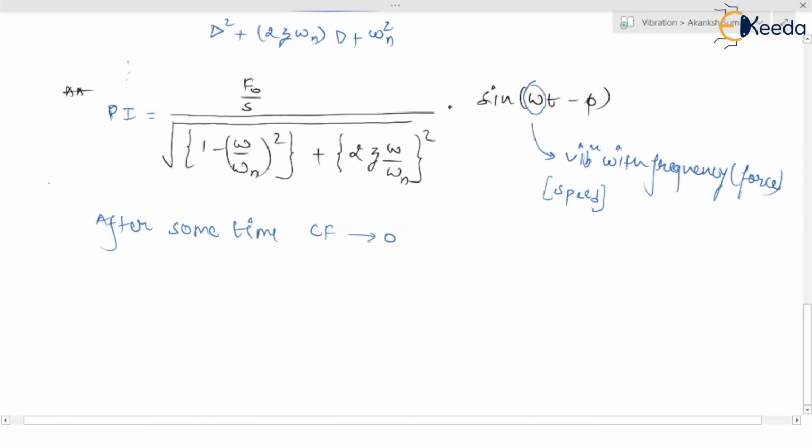So it will always remain in the running mechanical system. There will not be any vibration which decreases. When I'm talking about the particular integral, there is no exponentially decreasing function with time, so we can say the particular integral will always be there in the mechanical system.